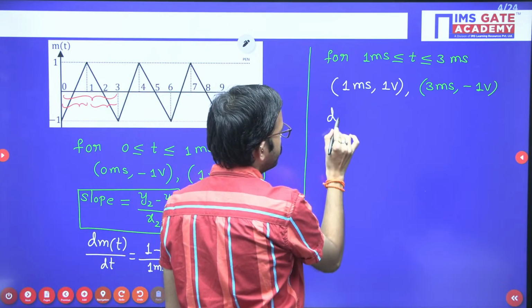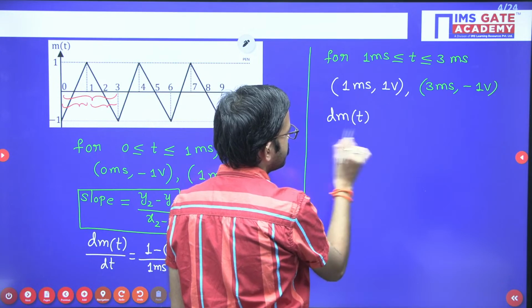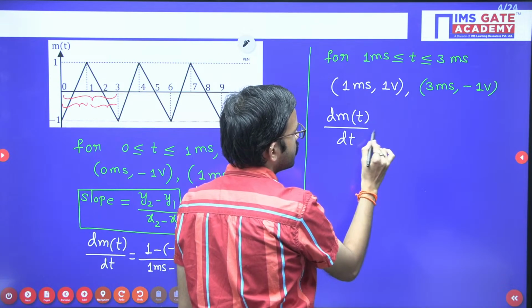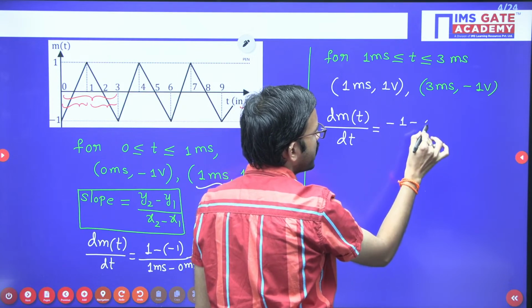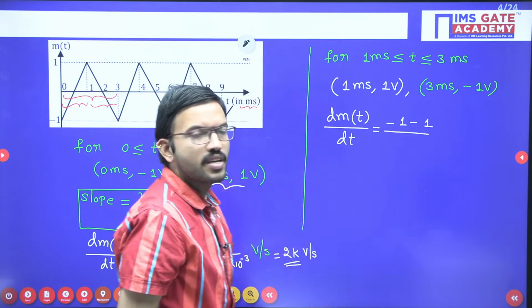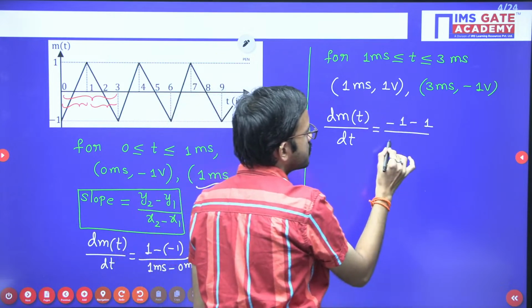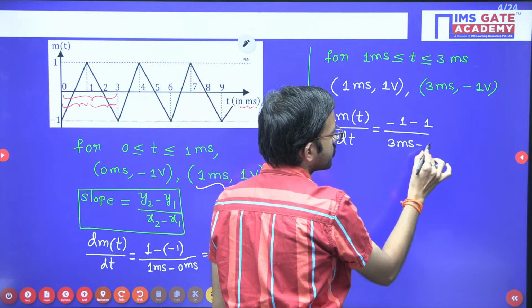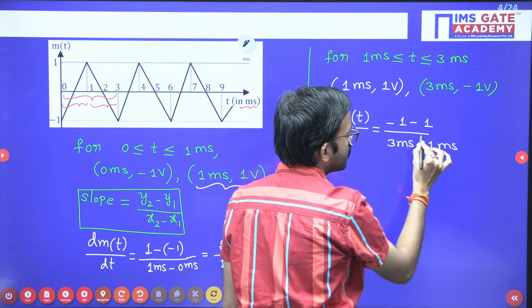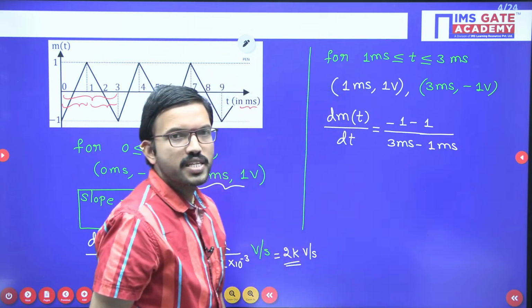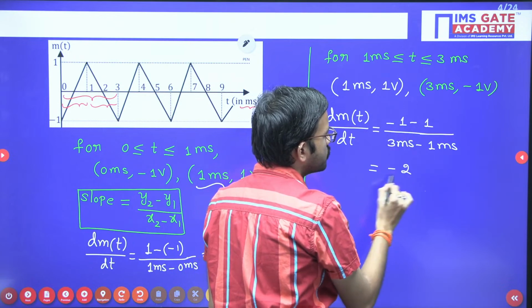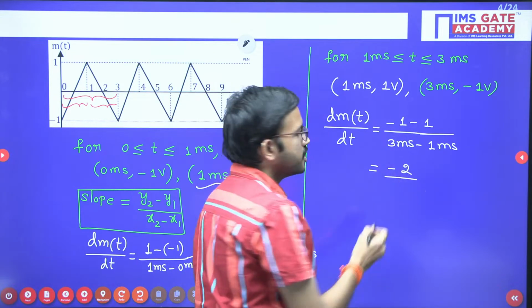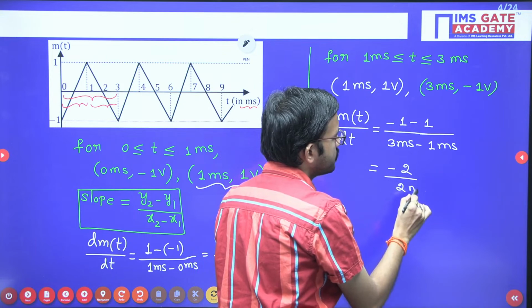So dm of t by dt is nothing but y2 minus y1, so minus 1 minus 1, which is minus 2, divided by 3 millisecond minus 1 millisecond, which is 2 millisecond.